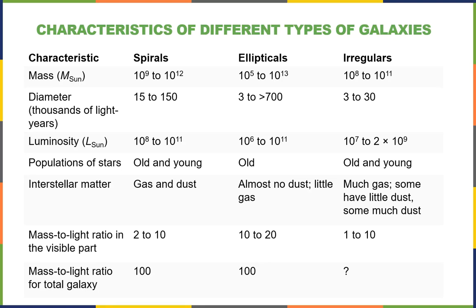Then we have the mass to light ratio. And this one here takes a little explanation. Why would mass to light ratio matter? By definition, the one for comparison here is the luminosity of the sun divided by the mass of the sun. And so this is based on the sun. If you have a smaller star, its luminosity drops as radius squared, and even though the mass drops as radius cubed, if you have less mass, the mass to luminosity ratio becomes bigger.